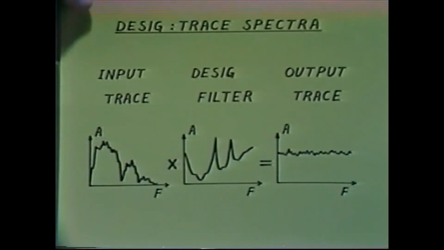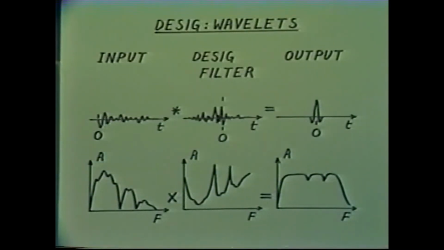Now, looking at the amplitude spectrum picture of the reflection wavelets as opposed to the whole trace, the amplitude spectrum of the input wavelet would in general look something like this for marine data, say. The amplitude spectrum of the designature filter is approximately the inverse of this, so that the resulting wavelet spectrum on the output trace, which is the multiplication of these two, is in general a fairly flat spectrum.